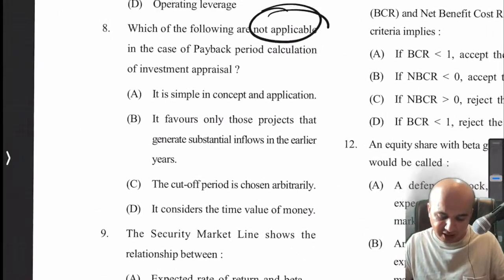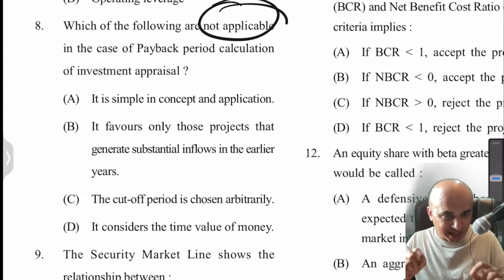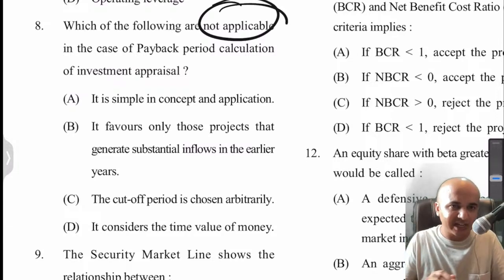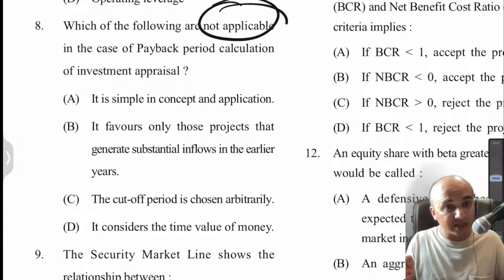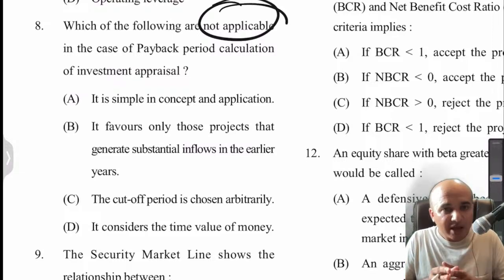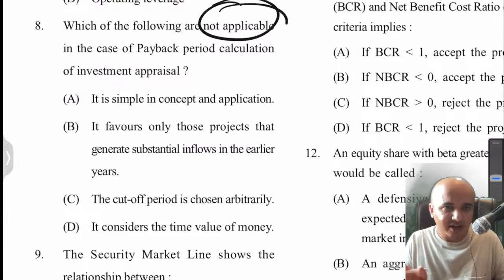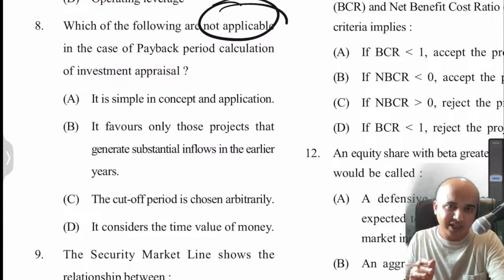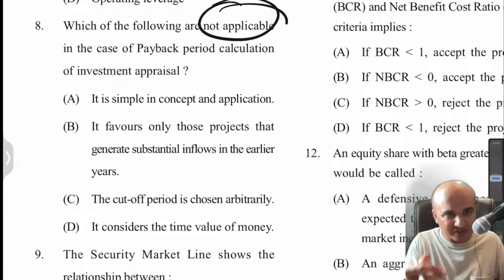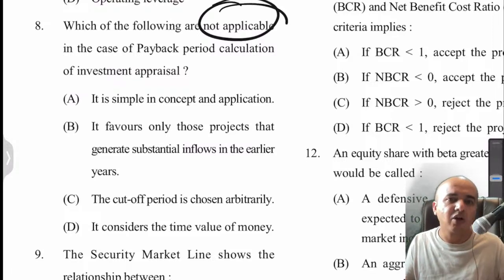So here in the option, if they say it considers time value of money, it is obviously incorrect. So it is not applicable to what? Payback period calculation, because payback period calculation does not consider time value of money. It is only used to evaluate the time required for the investment to recover its initial cost.